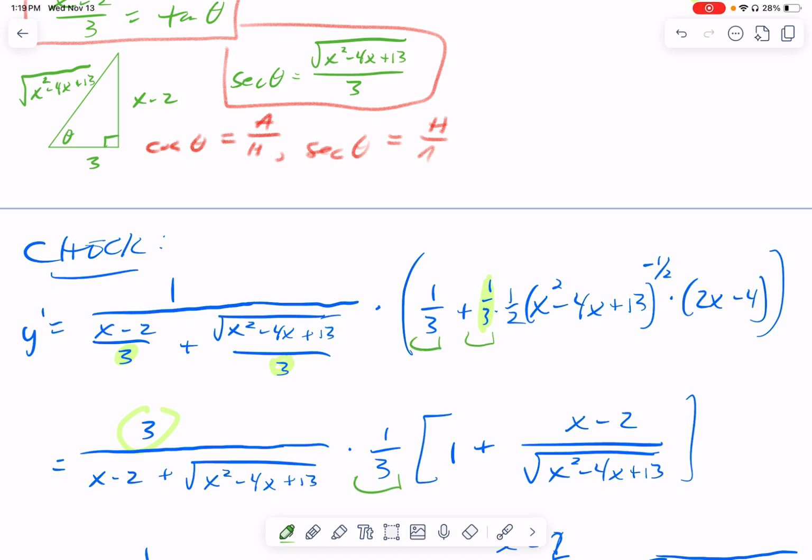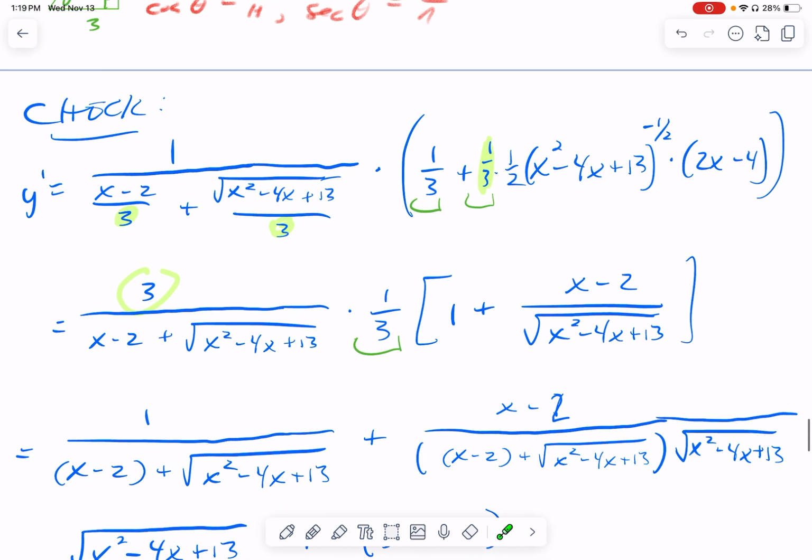And I'm already noticing I have a 3 in one place and a 1/3 in the other place, which is nice. After I pull out that 1/3, this was just 1/3, so 1 is what's left. And then 1/2 times 2x minus 4 is x minus 2, and a negative 1/2 power is a radical in the denominator. So let's keep simplifying.